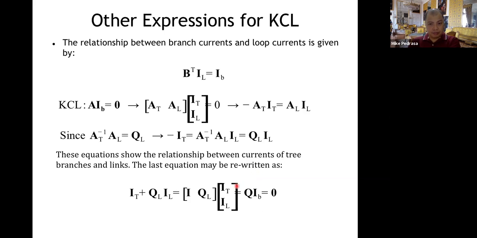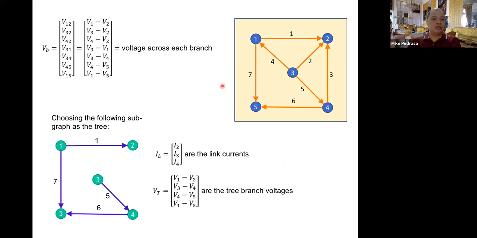And then there are other expressions for KCL, like this one. Here we can relate the link currents to the branch currents. So going back to the same equation, paano natin how are we going to relate the current here with the currents on the trees? Well, the current here is equal to this current plus that current.